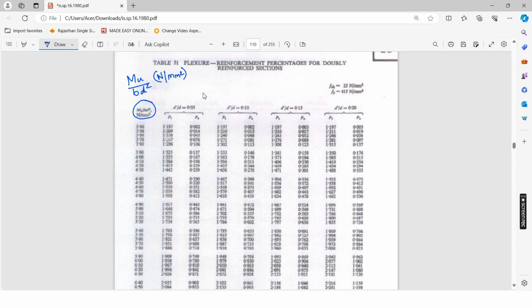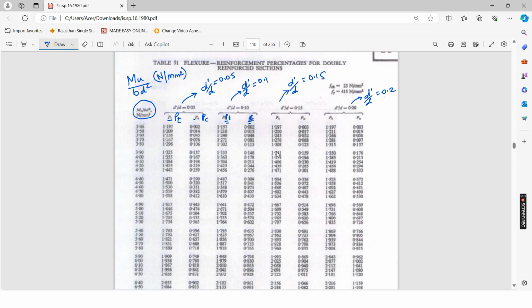You should have the dimensions also, and these are the d dash by d ratios. This is 0.05. Then you have to check this table, d dash by d. If it is not clear, then that's why I should write it here. These are the contents. d dash by d is equal to 0.2. Okay, and these are pt, meaning percentage of tensile reinforcement, and these pc, percentage of compression reinforcement. Same pt, pc.